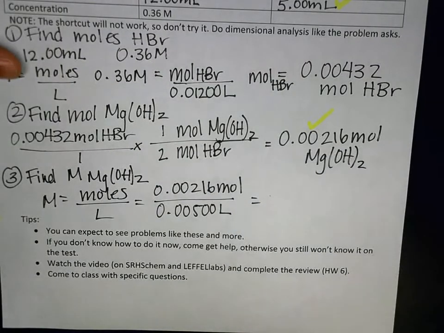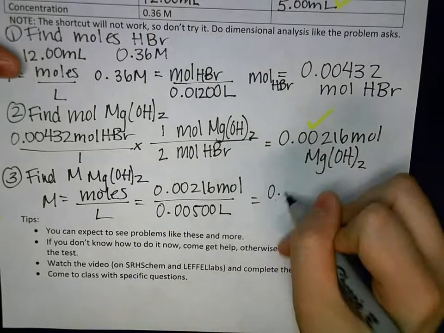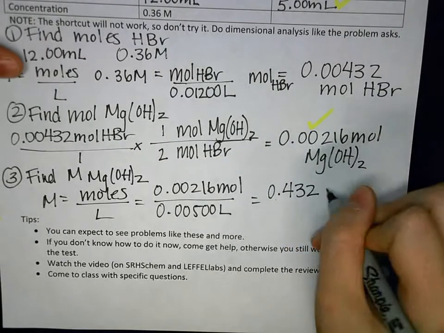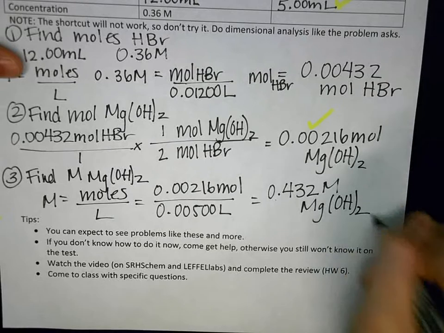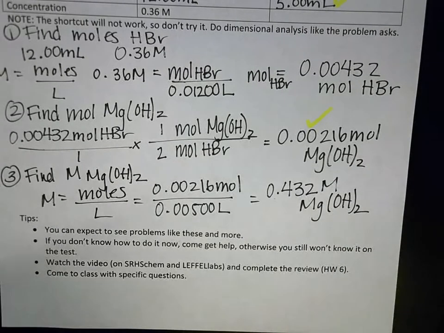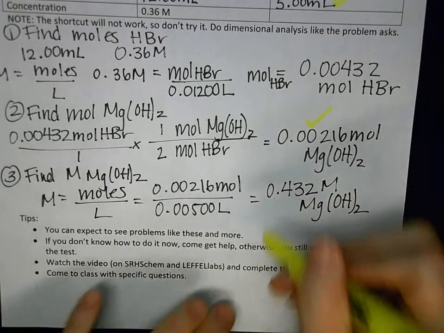So once I do that, I solve and I get 0.432 molar magnesium hydroxide. And that's my final answer. That's what I'm solving for.